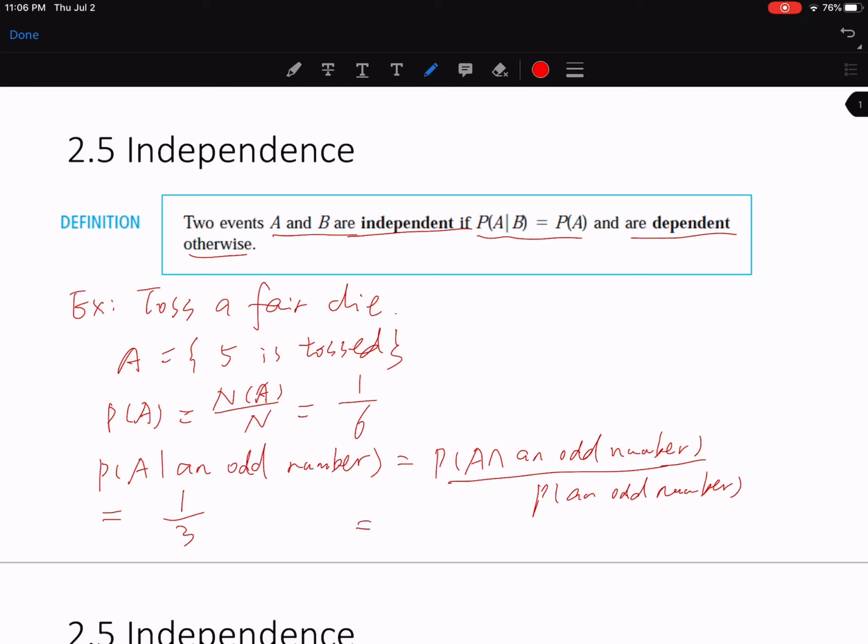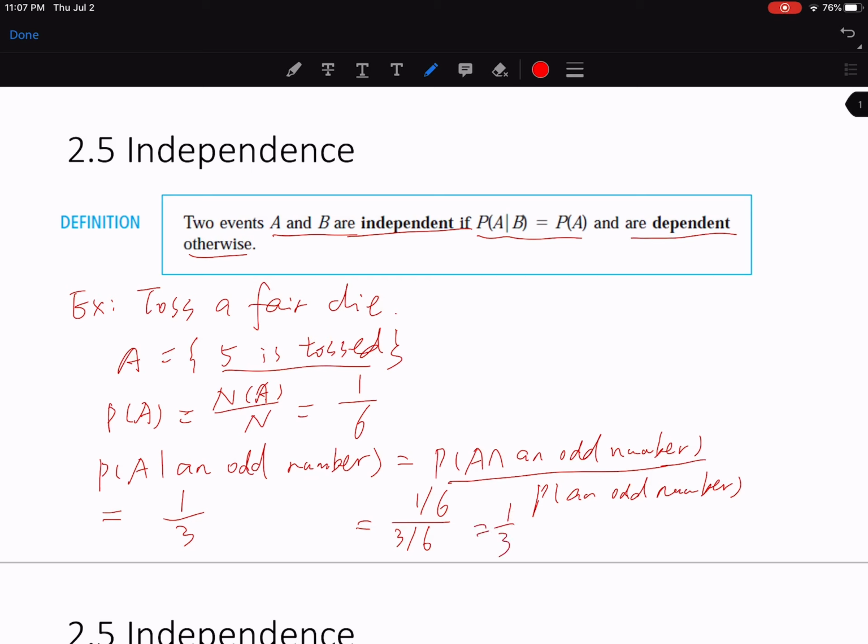Of course, A intersection an odd number is just 5 is tossed, so that would be 1 over 6, and then divided by the probability of an odd number. Since there are 3 odd numbers in total, the probability would be 3 over 6. If you simplify that, you get 1/3.